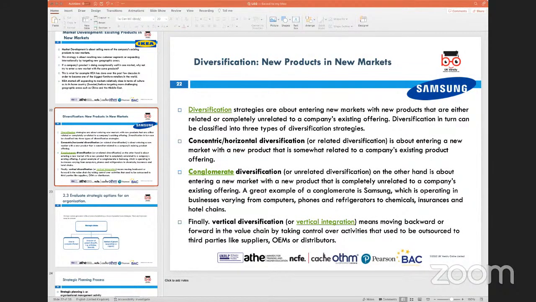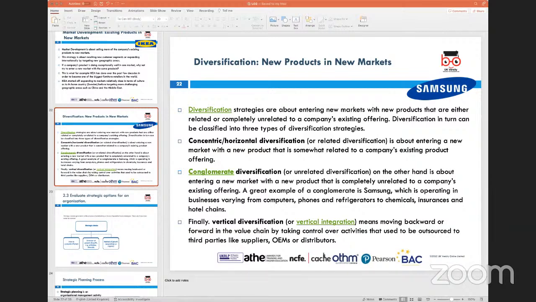Now, diversification can be horizontal or vertical. Horizontal diversification is where the company adds new products to its existing lines that will appeal to its customers. An example would be a notebook manufacturer entering the pen market.